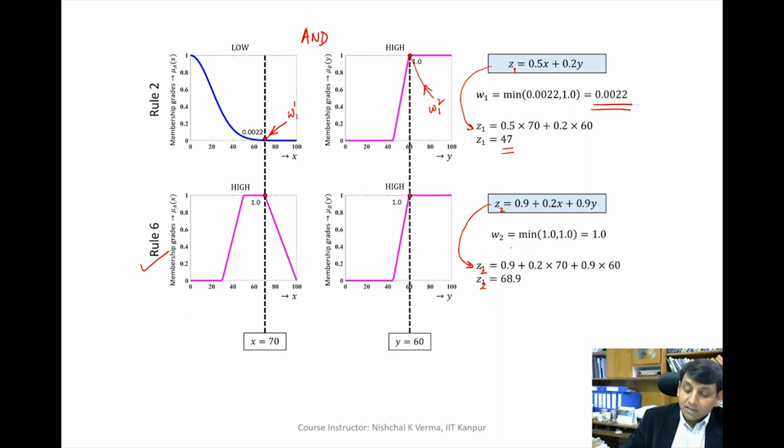And the W2 is here, W21 and W22. So both are 1 here. So even if we take min it is going to be the same. So W2, the firing strength of the second rule, is 1.